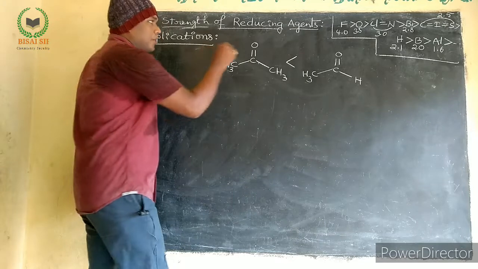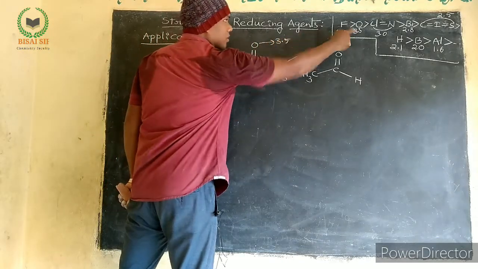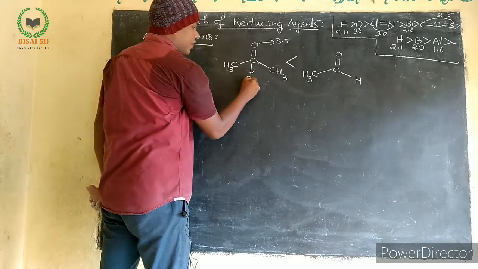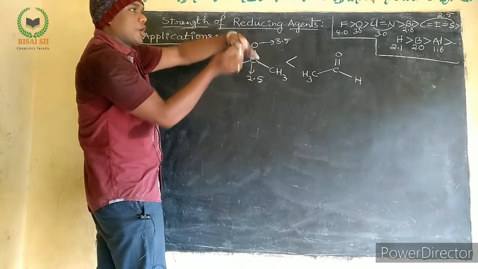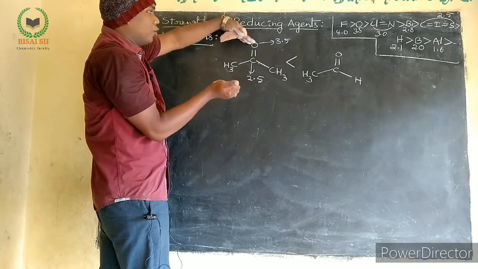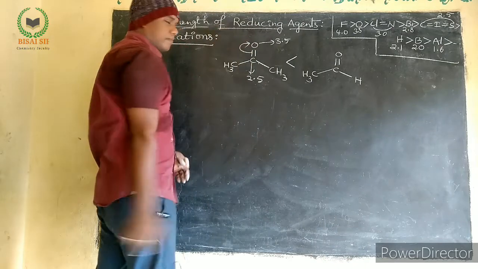We know that the electronegativity of oxygen is 3.5 and carbon has electronegativity 2.5, correct? Oxygen has more electronegativity, so it always tries to take electron density towards itself from carbon.